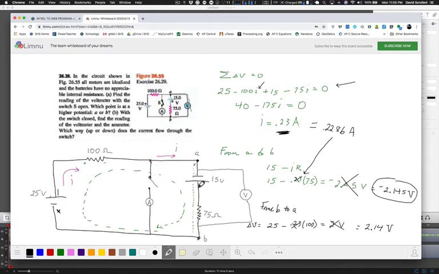I realize I gain 15 volts across the battery, but I end up losing more across the 75 ohm resistor than I gain across the battery. So all told, from here to here, I must end up seeing a drop of negative 2.145 volts to get me back to 0. So that means this is the higher potential spot right here, and this is the lower potential side right here. Okay?